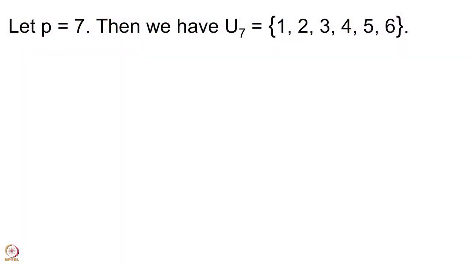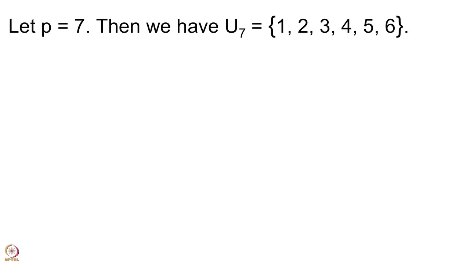So, let us do some computation of Legendre symbols. Let P be 7, and suppose we want to compute A by 7. We have that U_7 is 1, 2, 3, 4, 5, 6.